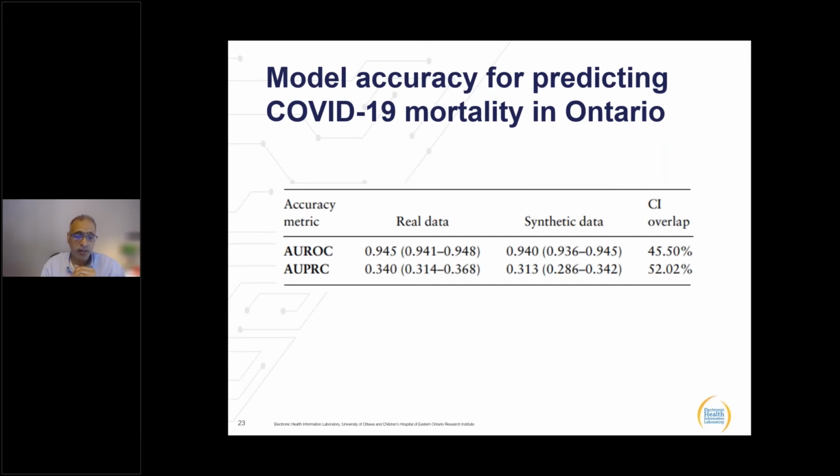It's a highly imbalanced data set, and the prediction accuracy was quite high, using two metrics: the receiver operating characteristic and the precision recall curve as well. So the results were quite encouraging in that the results on the synthetic data are very similar to the results on the real data set.